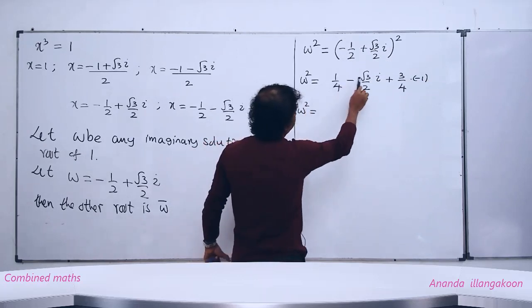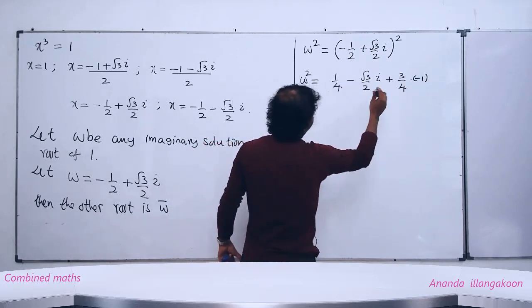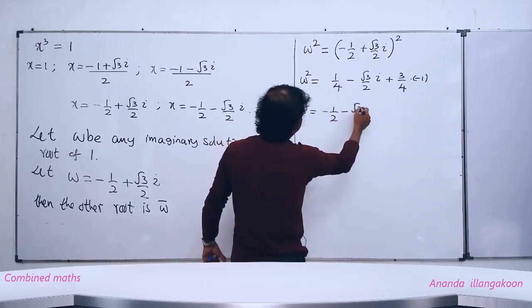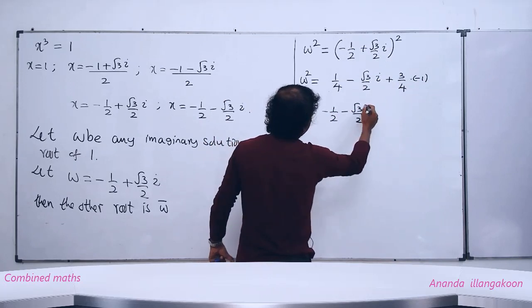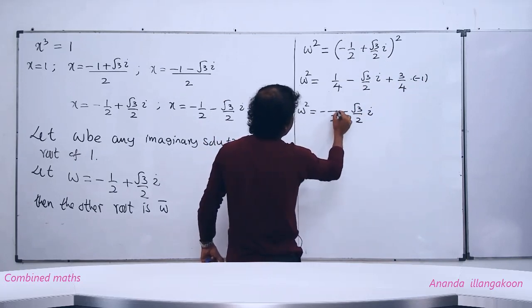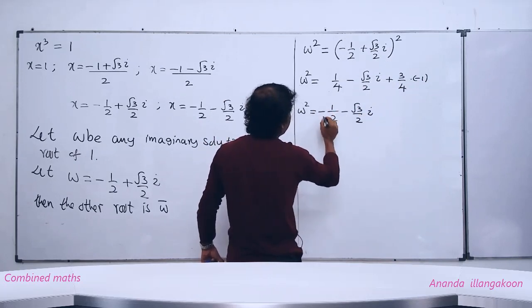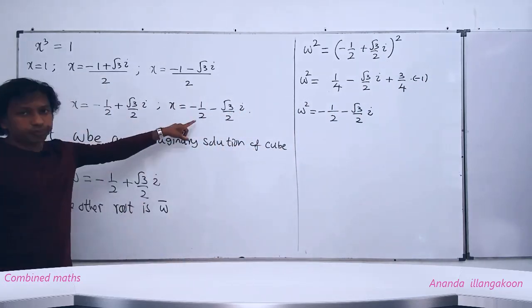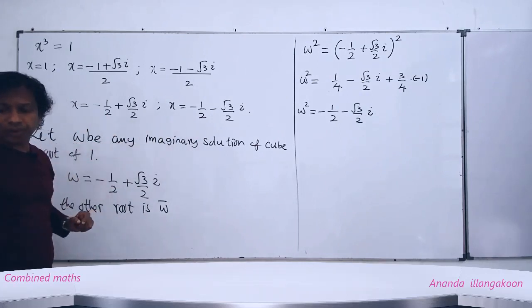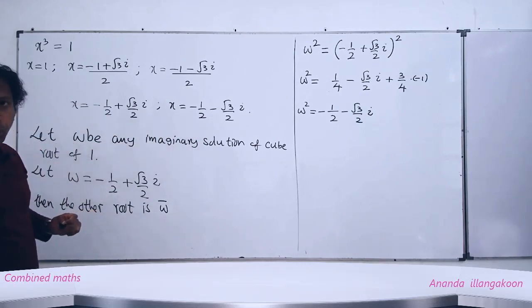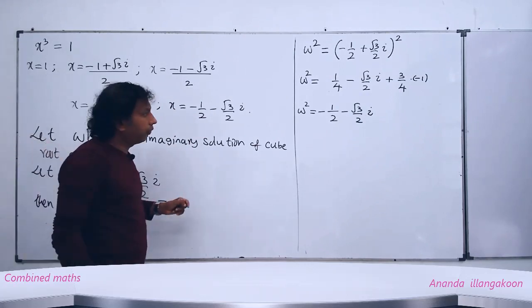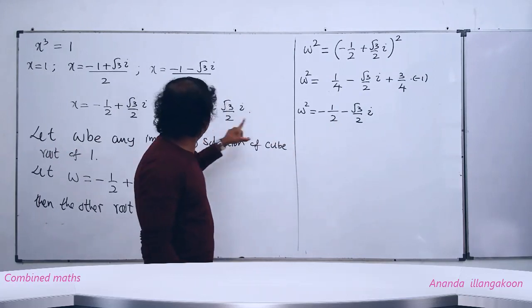Here 1 minus 3 minus 2 by 4, minus half minus root 3 by 2 times i. Like this we get. Well, what is that? It is the other root, no? When you take one complex answer of cube root as omega, after squaring that, we get omega squared. That omega squared is this.